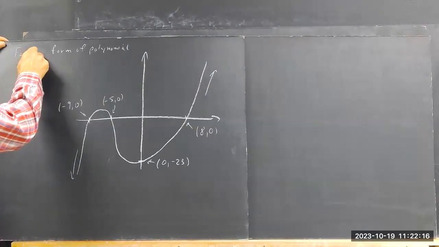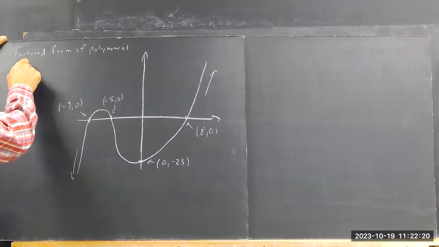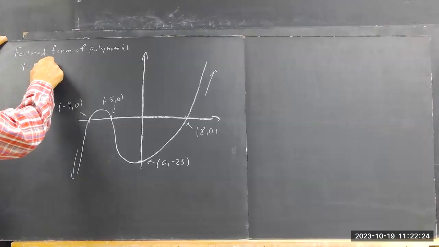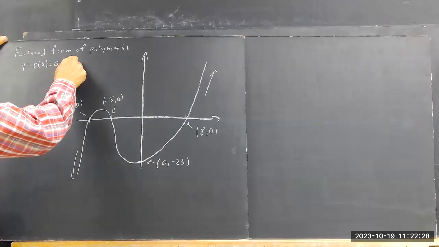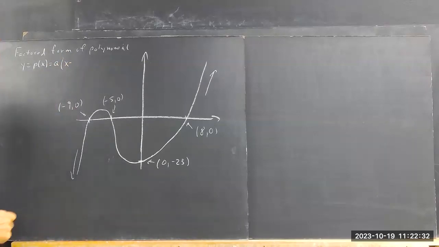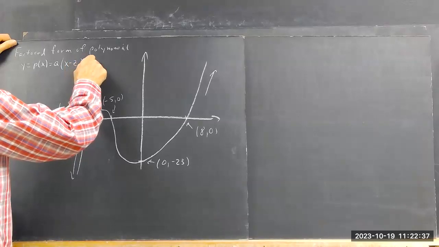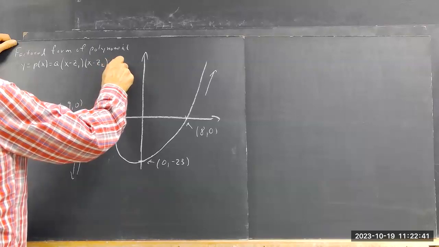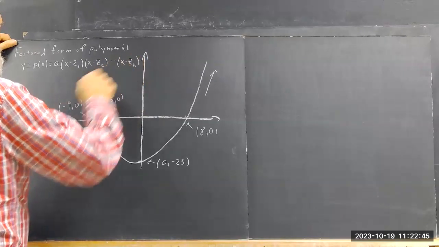The factored form of a polynomial is y equals p of x equals some number a times x minus, let's call it for 0, z1, times x minus z2 and so forth up to x minus z sub n.